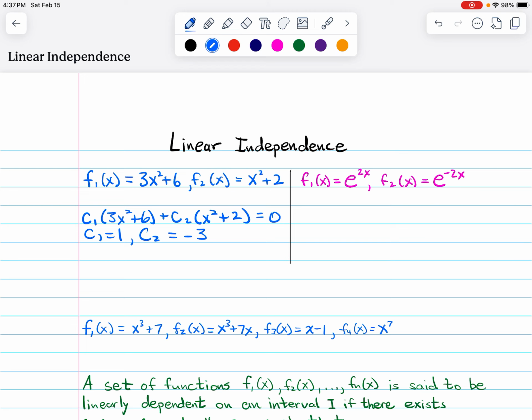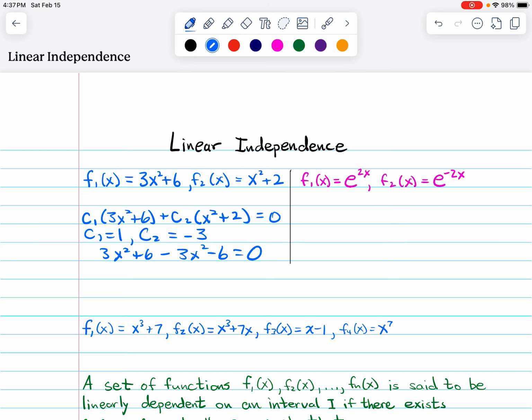Now, if I do that, what I've done is I've found constants where if I put that in, I've got 3x squared plus 6 minus 3x squared minus 6. And yeah, that equals 0. So we say that those two functions, f1 and f2, are dependent because we were able to find the constants that made that true.